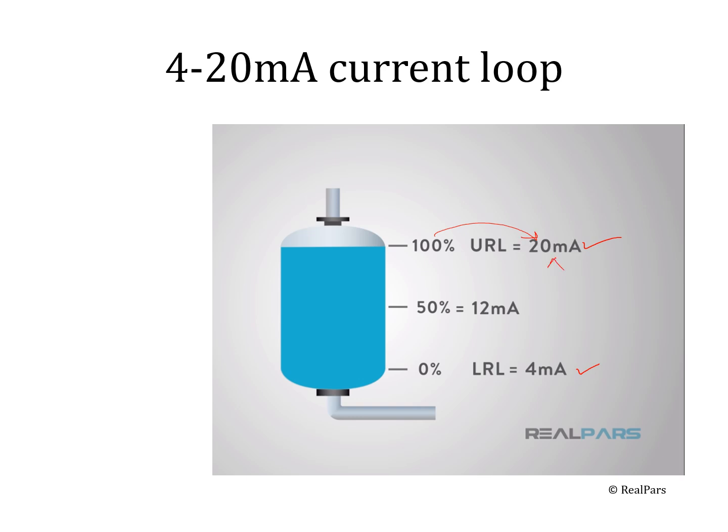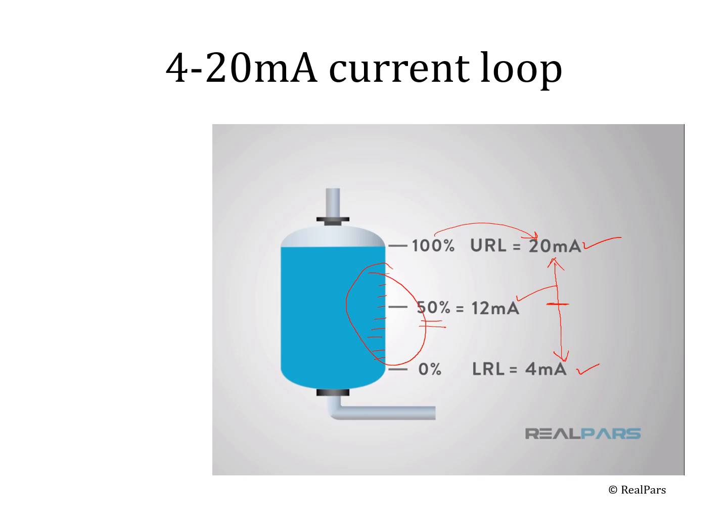In between it is divided linearly, that is, for 50% we have the middle value of 12 milliampere. So, corresponding to each situation in between, there are different values of current. It is an analog signal which varies from 4 to 20 milliampere depending upon the level of the process.